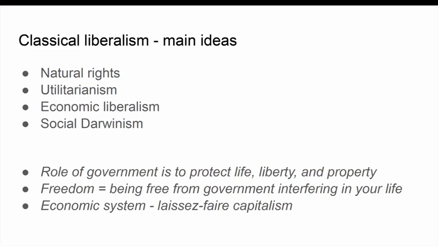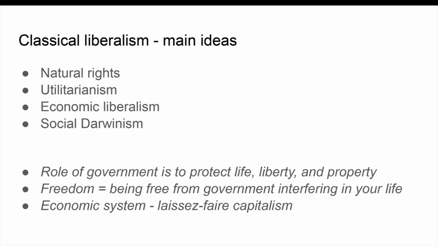And so the role of government was to protect those individual rights and the ability of people to maximize their utility, whether that be their own personal utility in terms of happiness, or their economic utility.